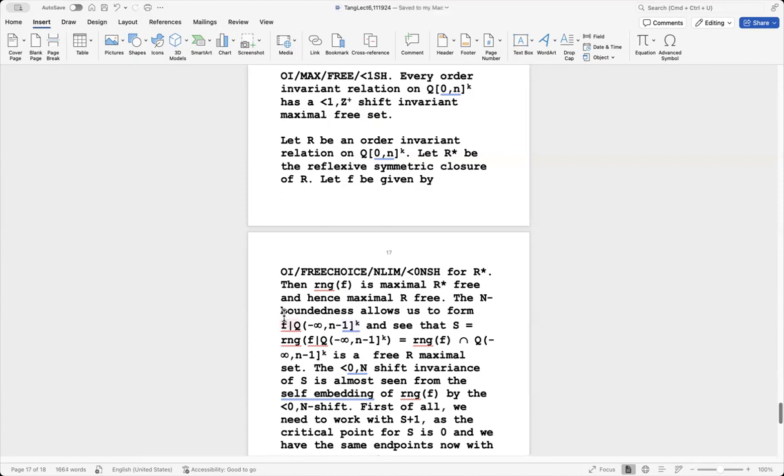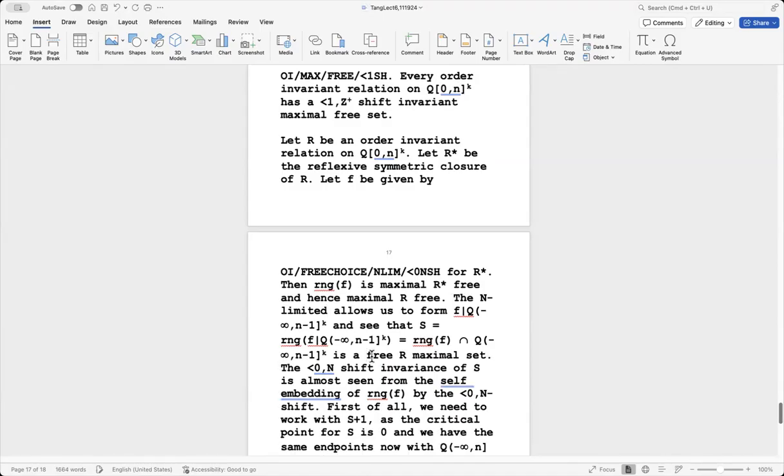The n limited allows us to form the restriction from minus infinity to n minus 1 closed, right closed. Because it's limited, we can see that S equals the range of this restricted function, which is the same as the range of the whole function with the same restriction, is a free R maximal set.